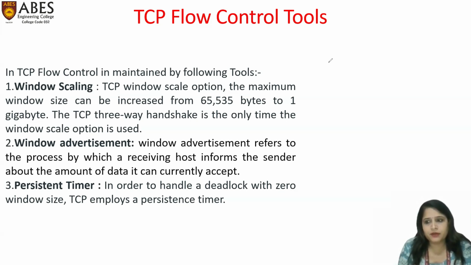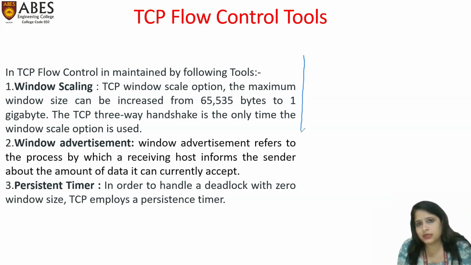So what happened here? Let us suppose this is a client and this one is the server. So this is client A and this one is server B. Before transmitting the data using the TCP protocol, first we have to establish the connection.